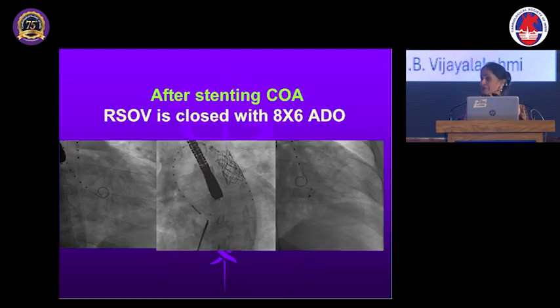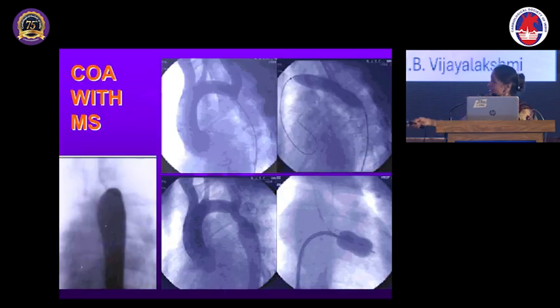Can anyone answer? This is the azygous system. So when the pulmonary veins are draining via the common chamber into the azygous system, you get it like that. So I have gone into the azygous system and taken the pressures and given the complete data to the surgeon to operate on that.